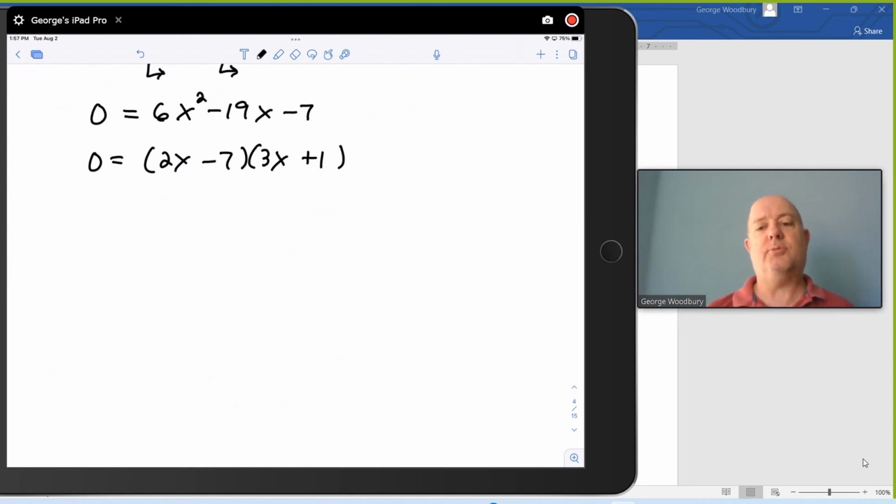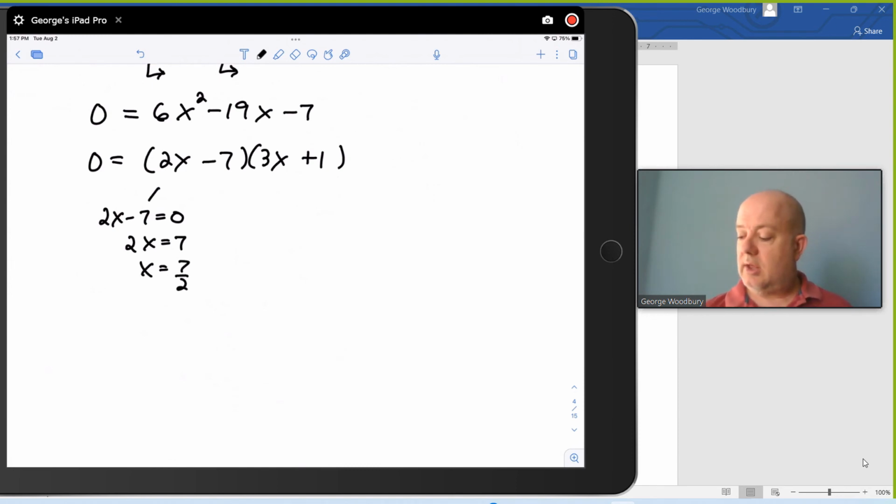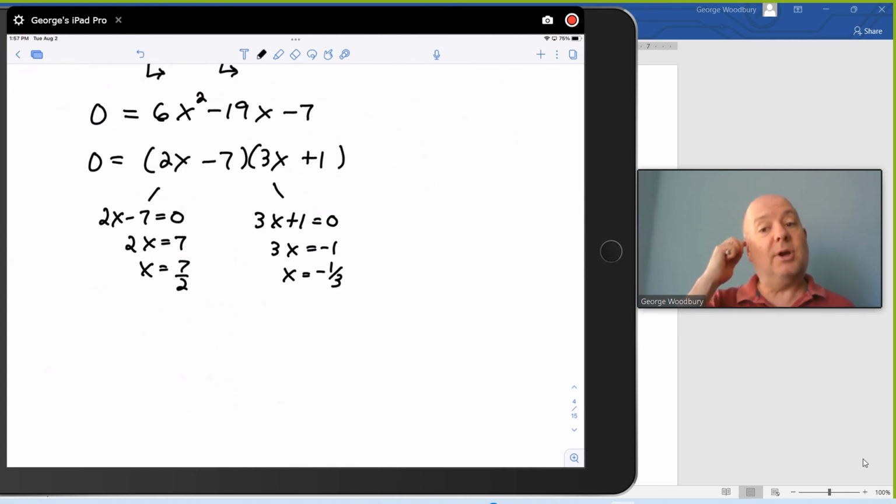If the factoring comes to you quickly, you should. The benefit of this is if 2x minus 7 equals 0, 2x is equal to 7, x equals 7 halves. 3x plus 1 equals 0 means that 3x is negative 1, or x is negative 1/3. And I've got my two solutions pretty quickly there.